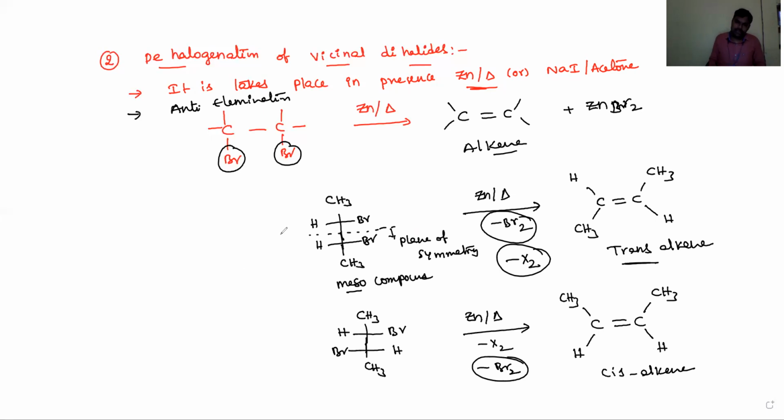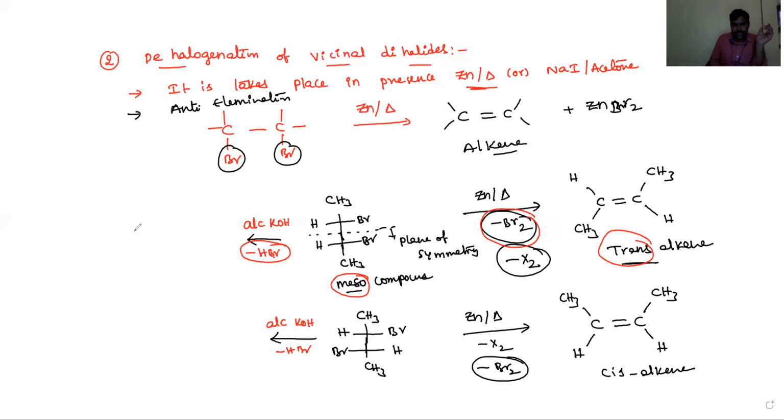Now the same meso compound or active compound, you treat with alcoholic base, alcoholic KOH. It undergoes dehydrohalogenation, loss of HBr. So for the meso compound, dehalogenation gives trans, and dehydrohalogenation gives the cis compound.